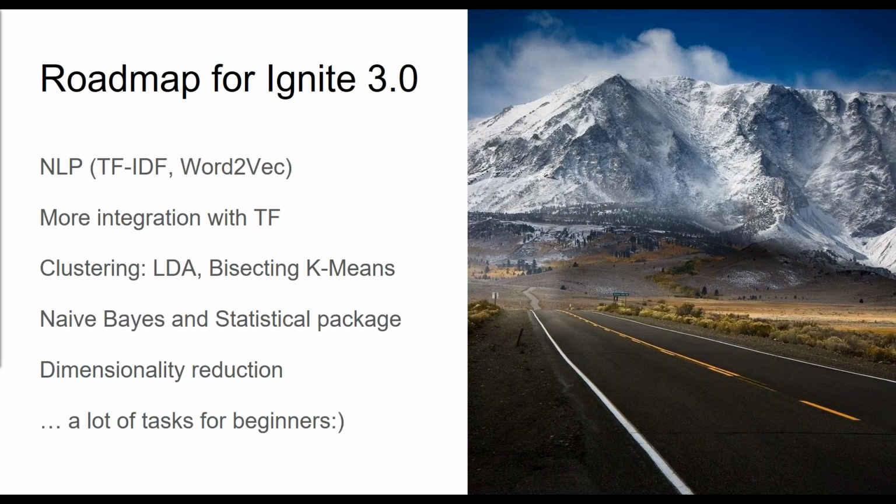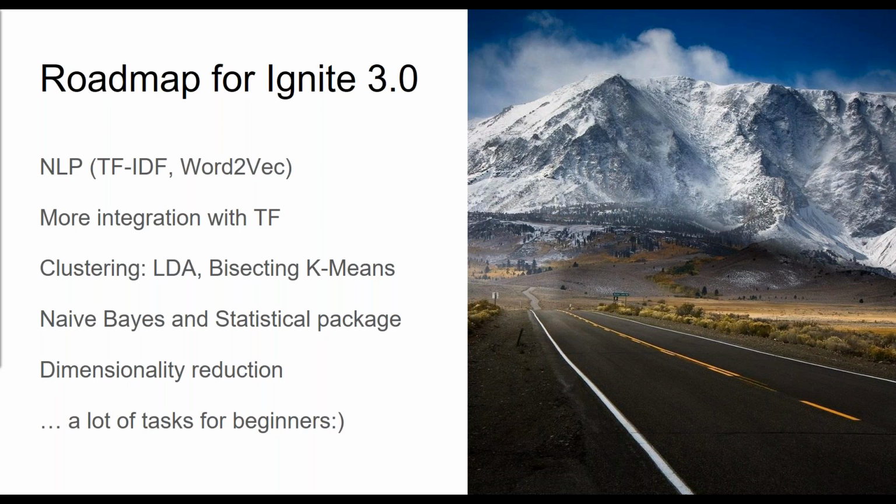And also, I will put in my 5 cents about the roadmap for Ignite 3. I hope that we will implement a special NLP module. Also, it will have more integration with TensorFlow. It will have more clustering algorithms like LDA, bisecting K-means, maybe DBSCAN, and etc. I hope that a really cool statistical package to calculate variance, to calculate correlation, etc. will be merged in the Ignite ML module.